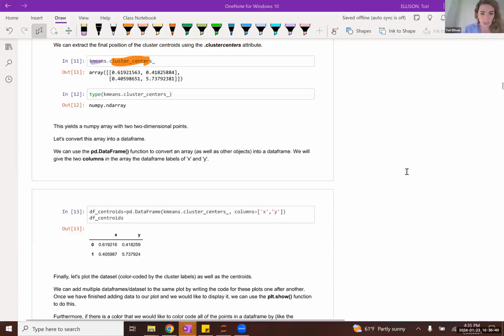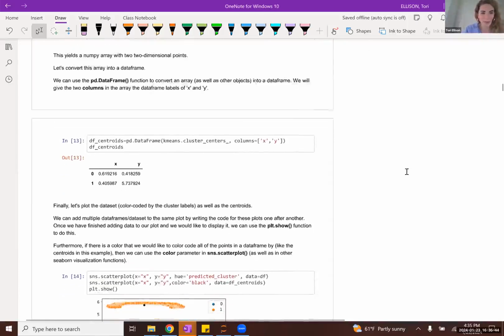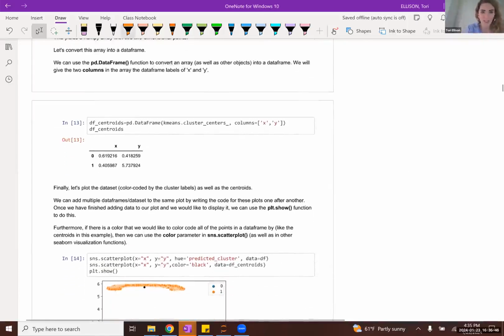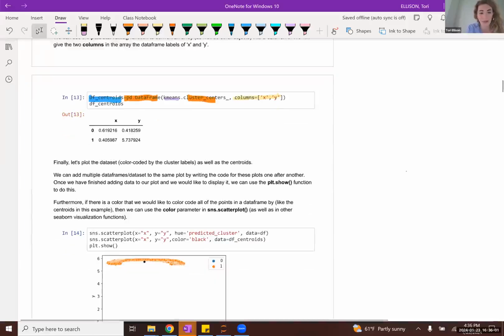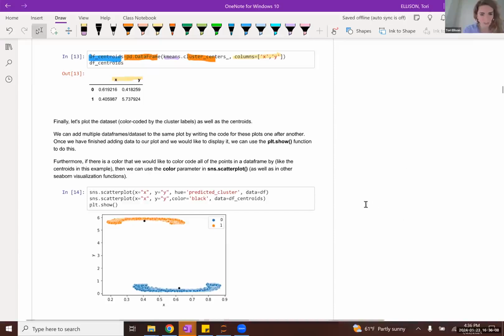So if we wanted to visualize the centroids that we just found, we can put those centroids into another pandas data frame. I'm putting those cluster centroids into a pandas data frame, and I'm giving that data frame the same column names as the data frame with all of my observations in the data set.